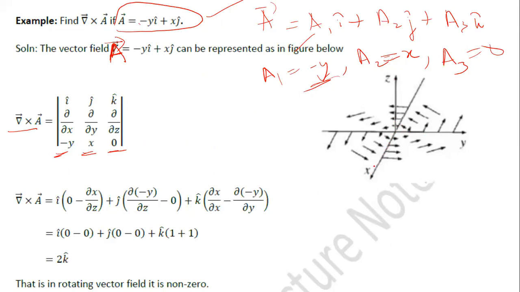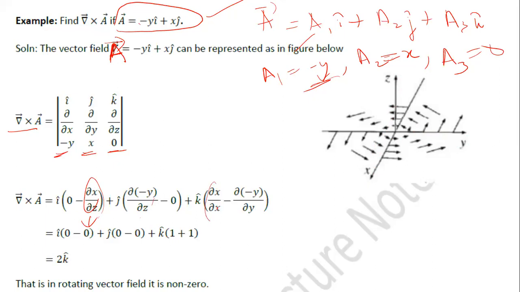So x is an independent coordinate variable, z is also an independent coordinate variable. So x does not depend on z. They are just coordinate variables. So the derivative here is 0. And similarly, the differentiation of y with respect to z is also 0, because y does not have any dependency on z, because y itself is an independent coordinate variable along the coordinate axis.